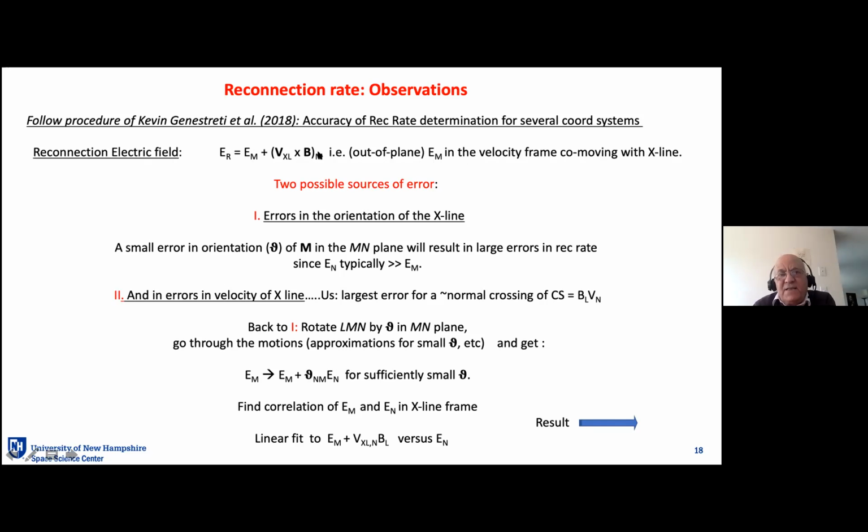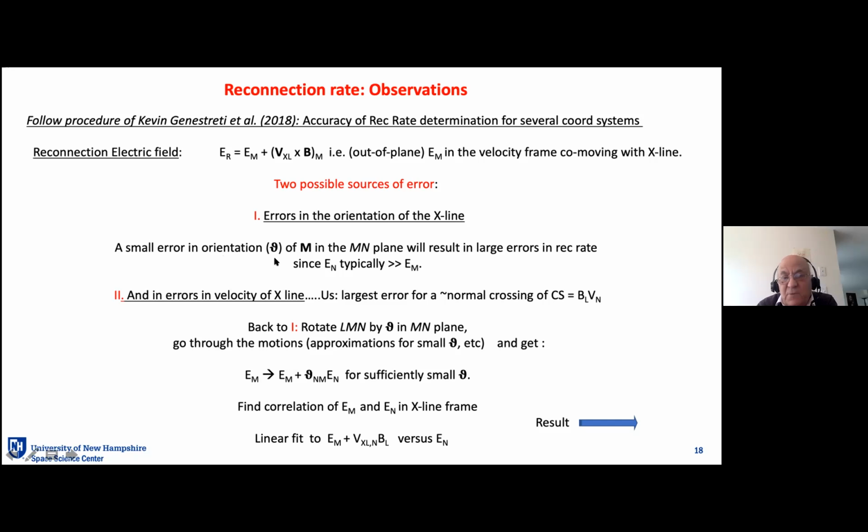That is fine and dandy, of course, but there are possible errors. We just mentioned two possible errors. One is the error in the orientation of the X line. This is a serious problem, because this LMN coordinate system, which we so need to be able to understand the whole fields, for example, can have a small error in the X line.